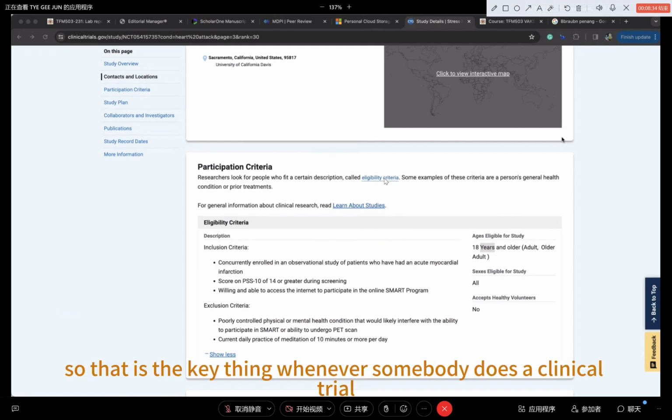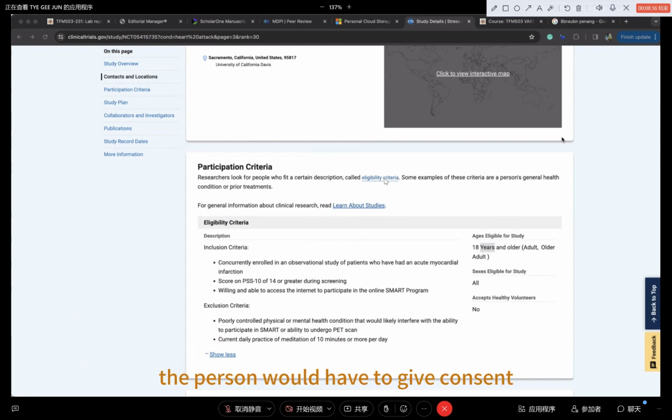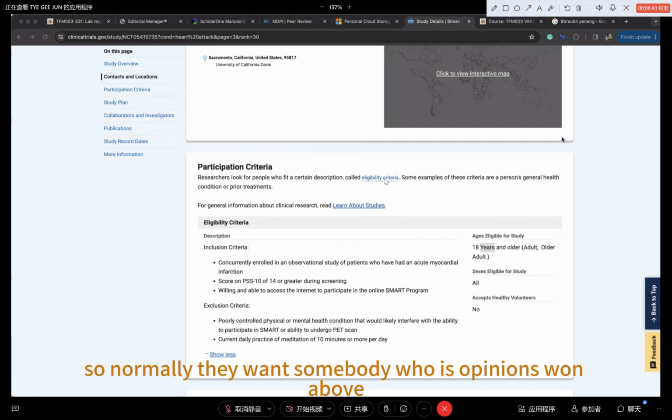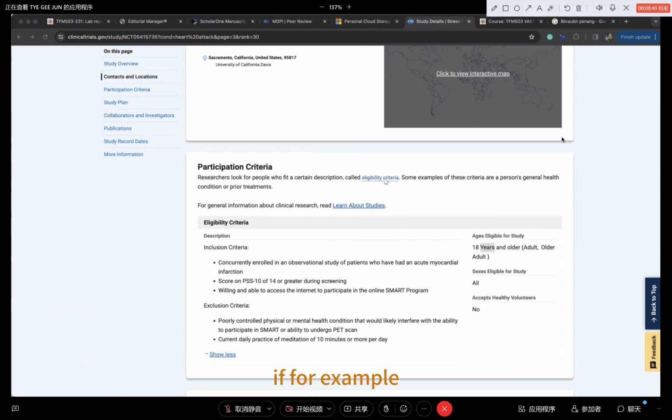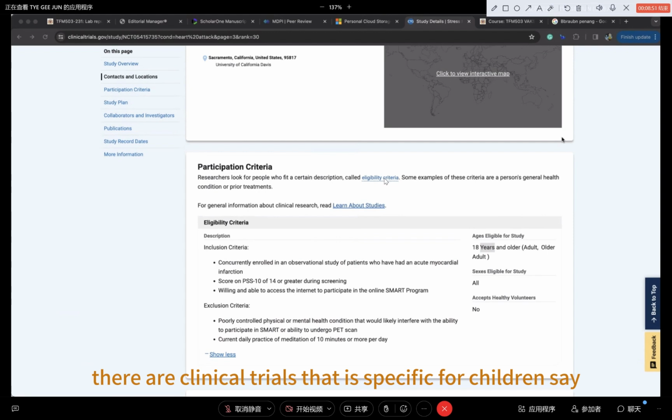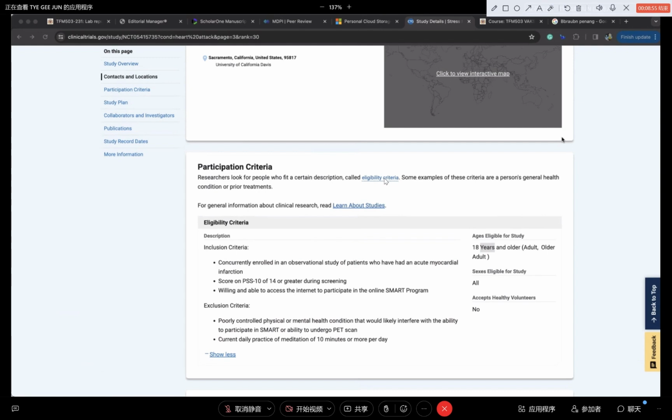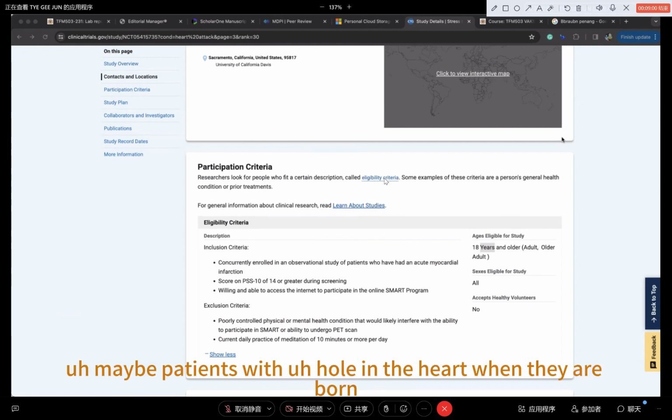Whenever somebody does a clinical trial, the person would have to give consent. Okay? Yeah, so consent is very important. So normally they want somebody who is 18 years old and above, because these are the people who can consent. However, if, for example, they are clinical trials that is specific for children, say for example, maybe patients with hole in the heart.